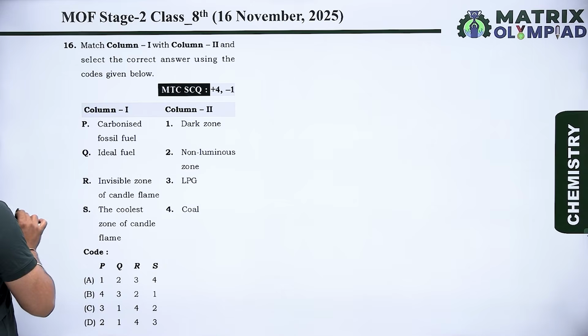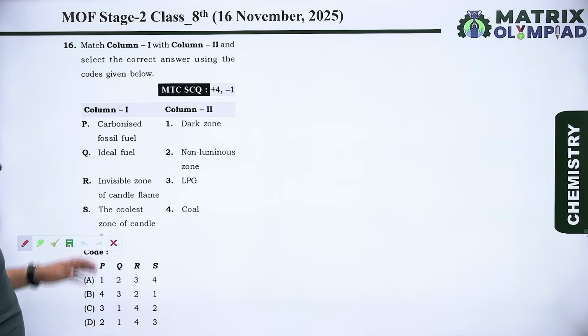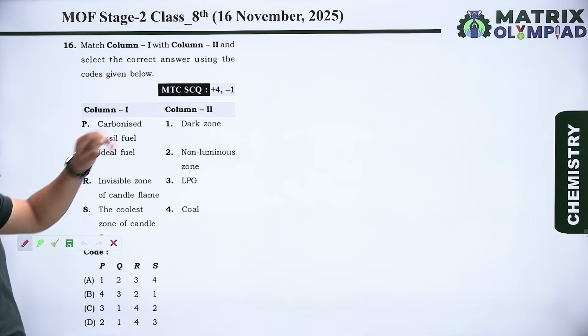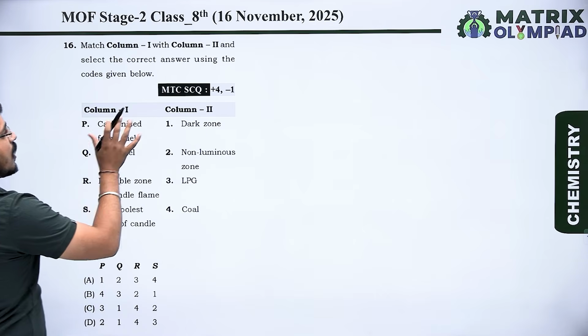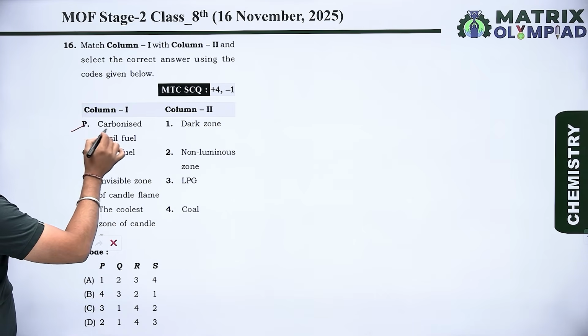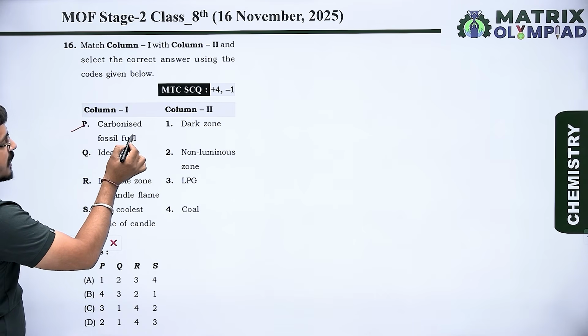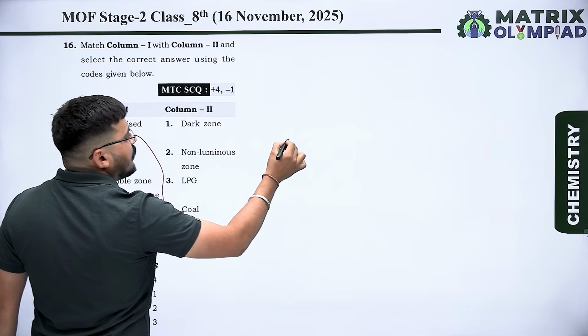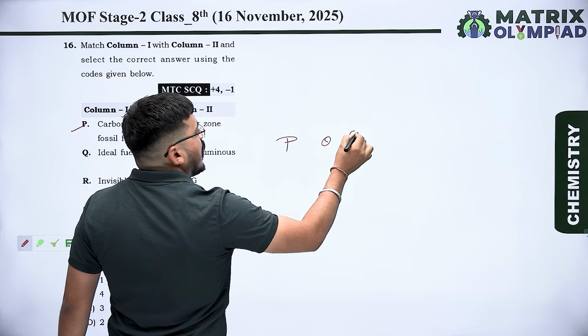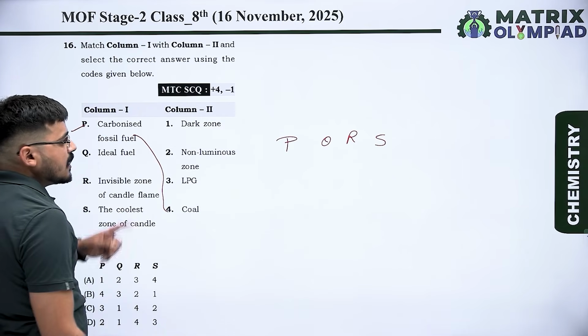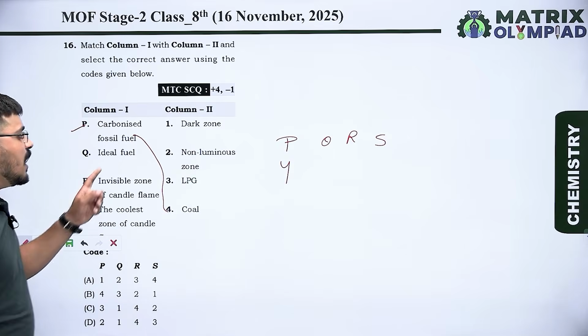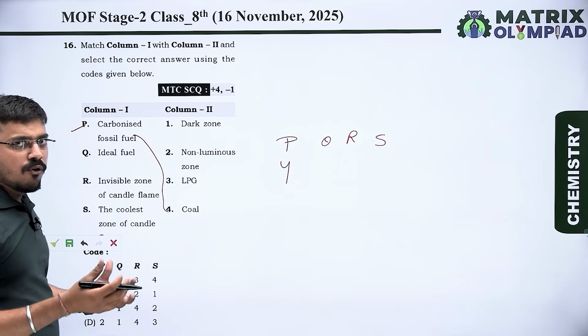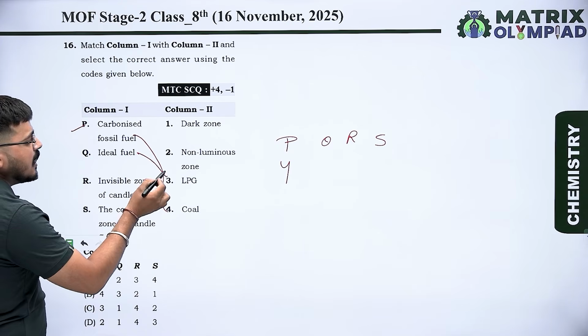Question number 16. Match the column is given, column 1 and column 2. P, carbonized fossil fuel, is coal. We have to write P, Q, R and S. P matches option number 4. Ideal fuel: there is no ideal fuel, but we can consider LPG as an ideal fuel.